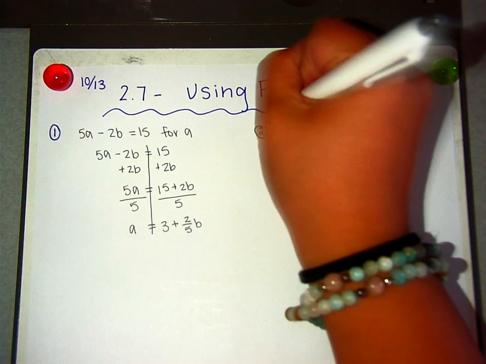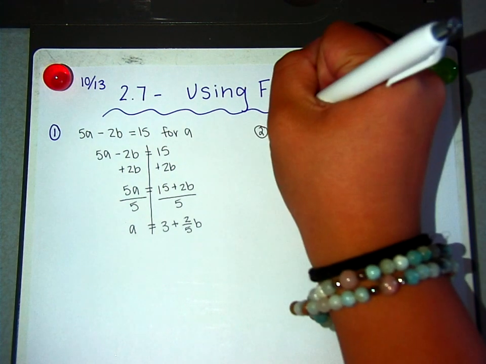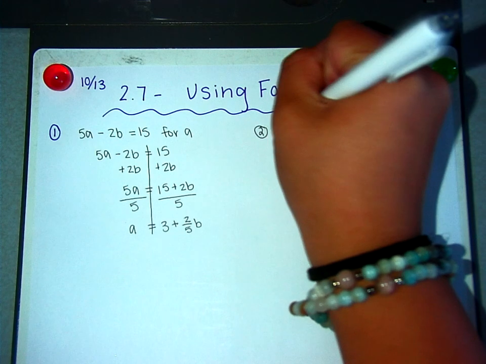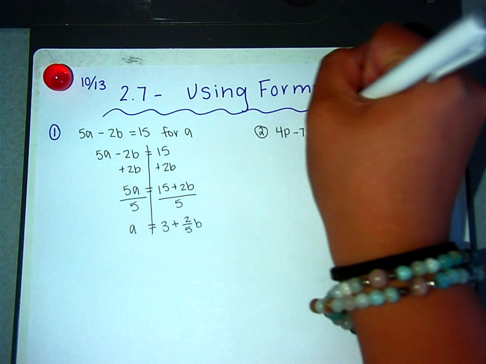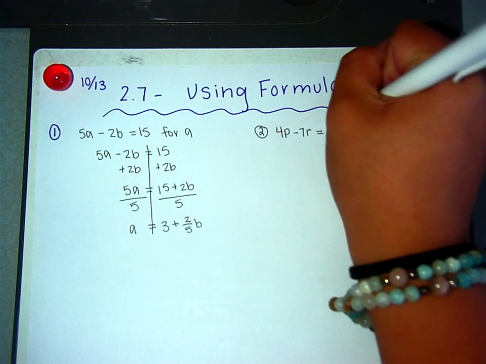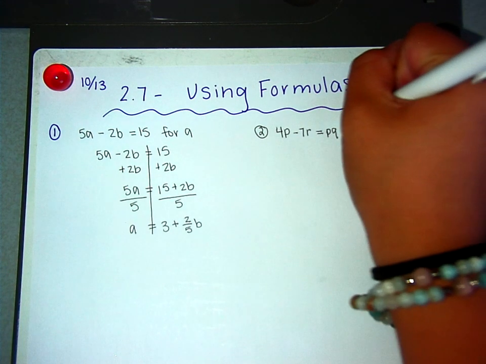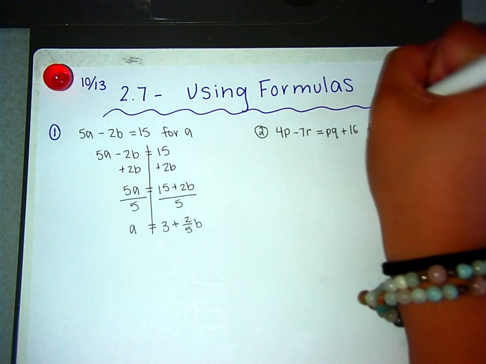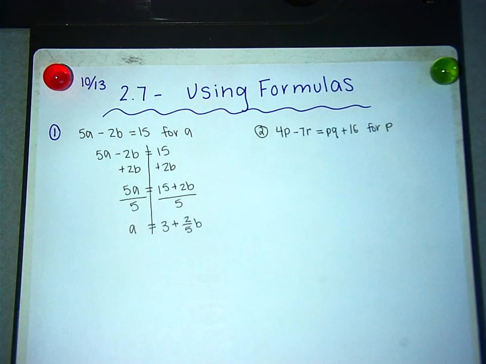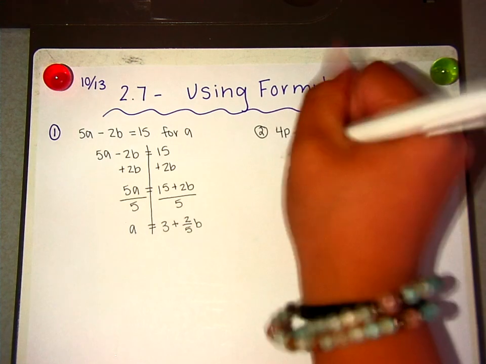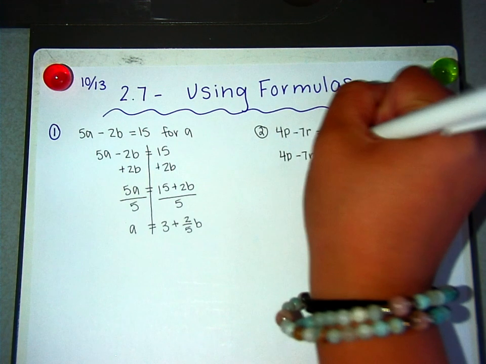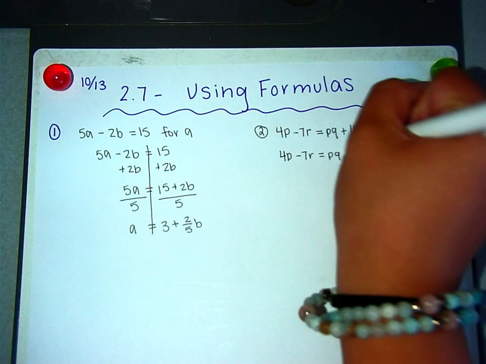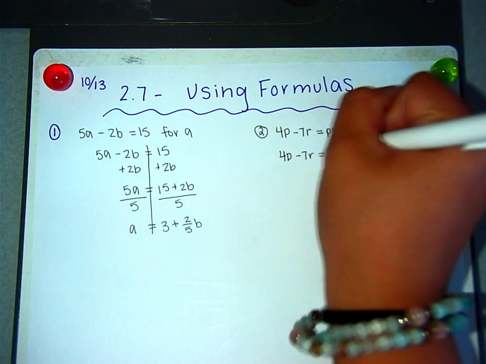Example 2. We're going to be solving 4p minus 7r equals pq plus 16 for p. So we're solving for p. So I'm going to rewrite this equation, and draw my line.